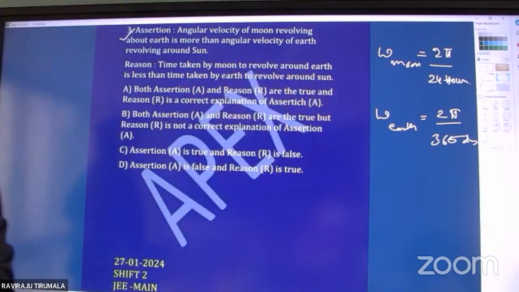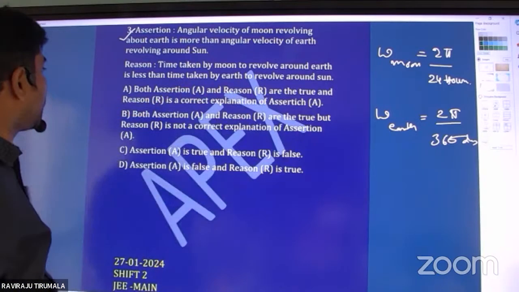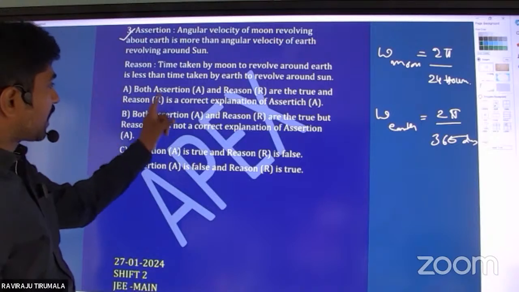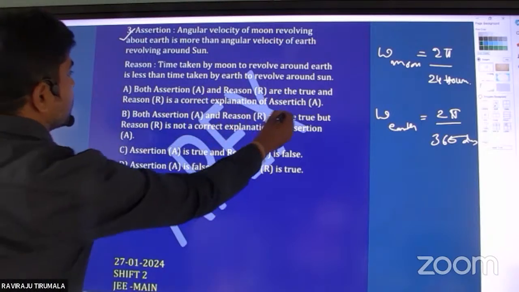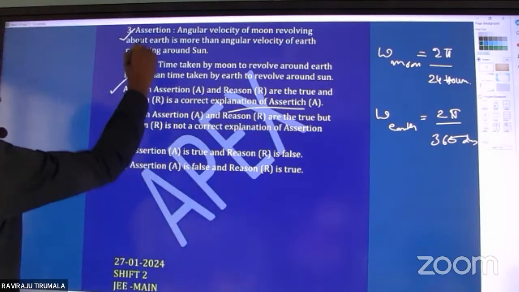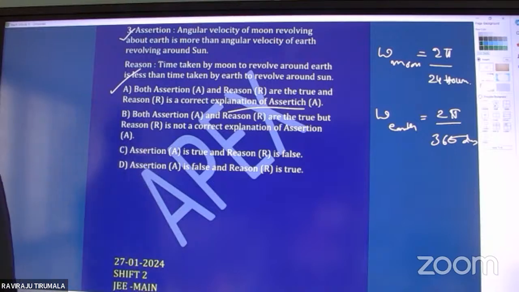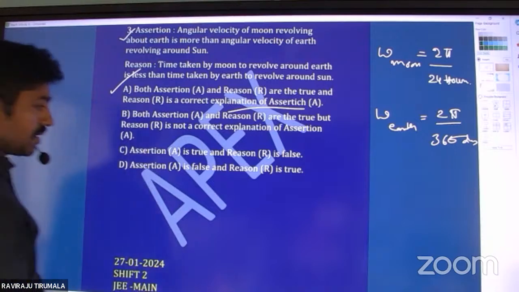Correct only. So the reason is correct for the given assertion. So what is the answer then? Both assertion and reason are true and the reason is a correct explanation of the assertion. So which option is correct? First option. Understand?